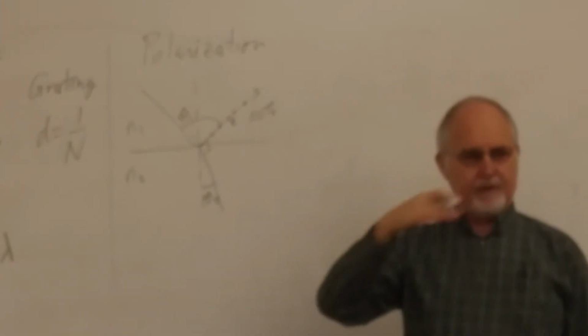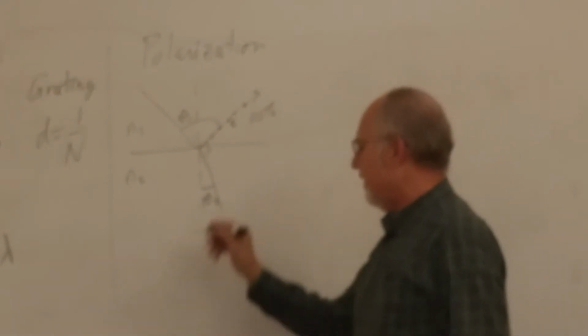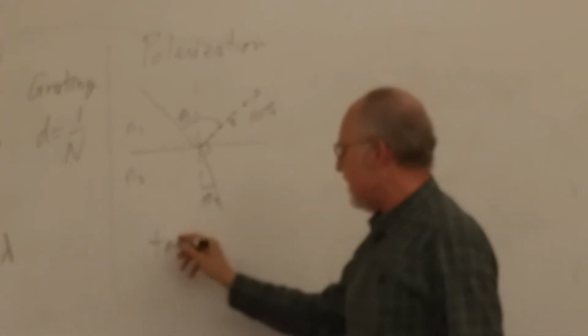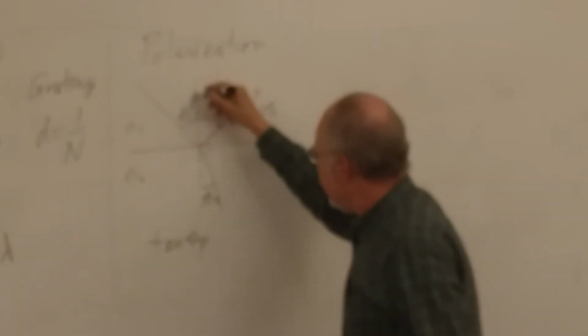Like the water reflecting off, less sunlight reflecting off parallel. And the appropriate angle there is the tangent of this angle, which is called the polarizing angle, is the N2 divided by the N1.